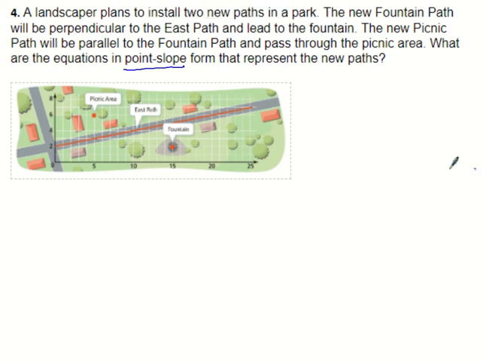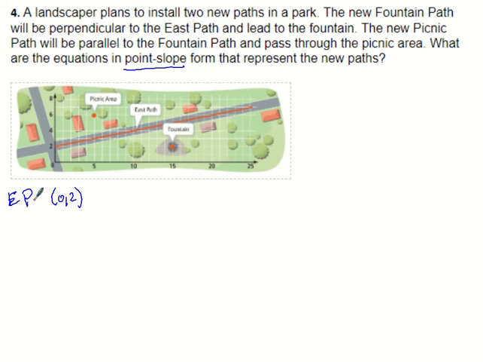I'm reading this question. So we need to find the slope of the east path, because that's the only line we have, so that we can find the slope of the fountain path and then find the slope of the picnic path. So east path is this red line right here. It goes through the point 0, 2. Right, this is east path.